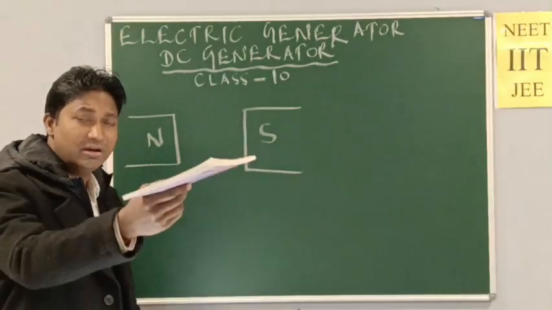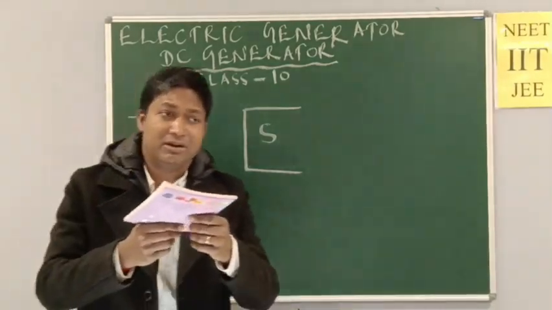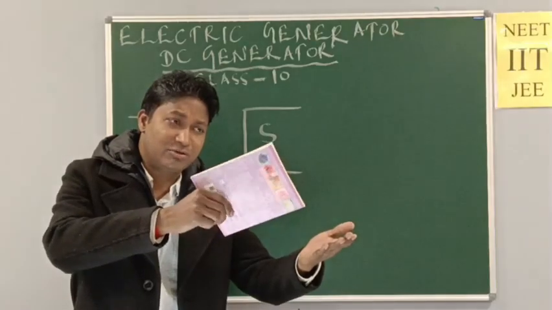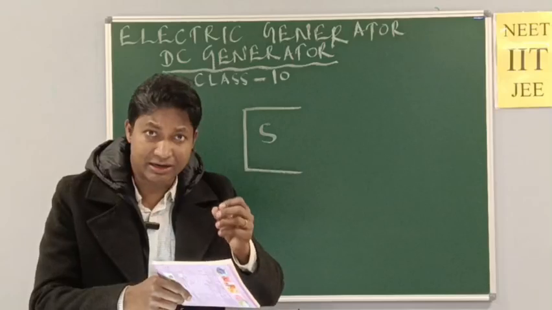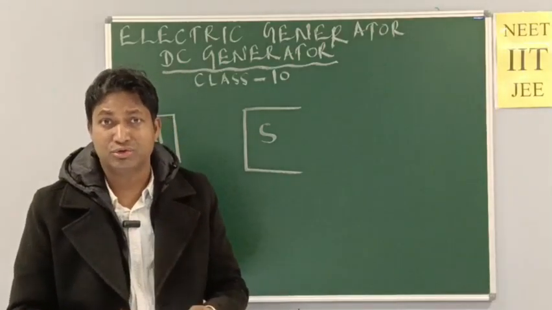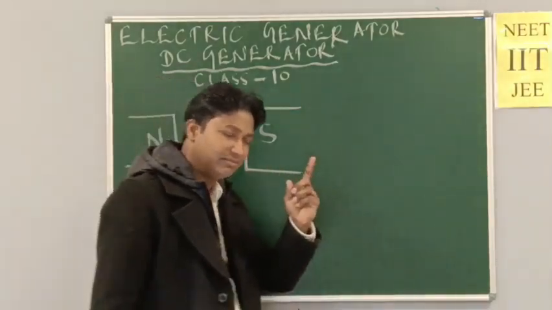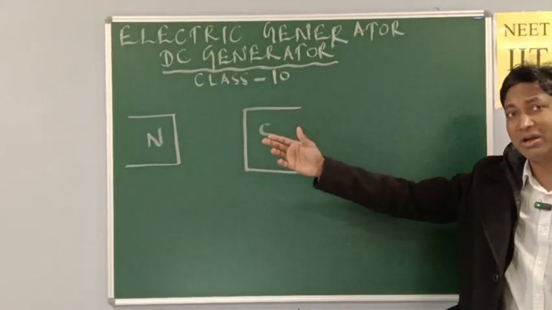Inside the magnetic field, we will rotate the armature coil like this. Then there will be an induced current, and we want induced current. So again I am repeating: why did I select a magnet?